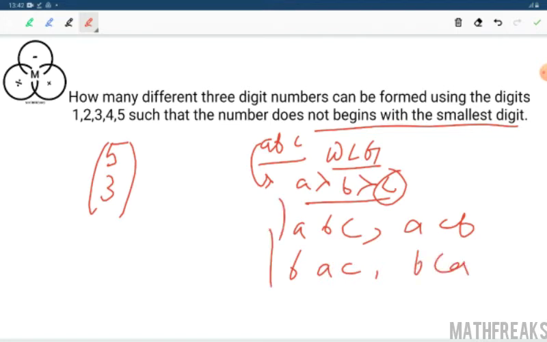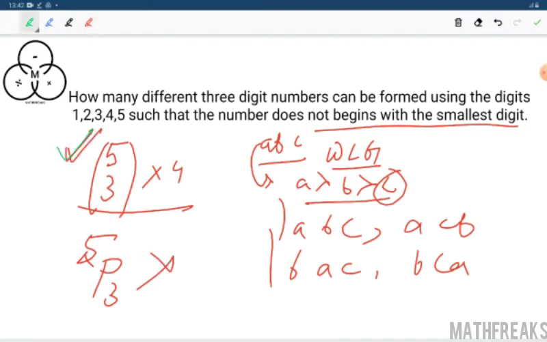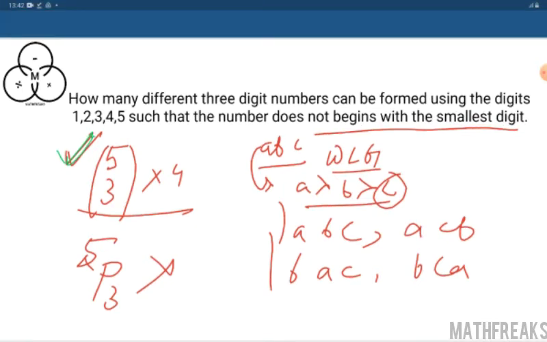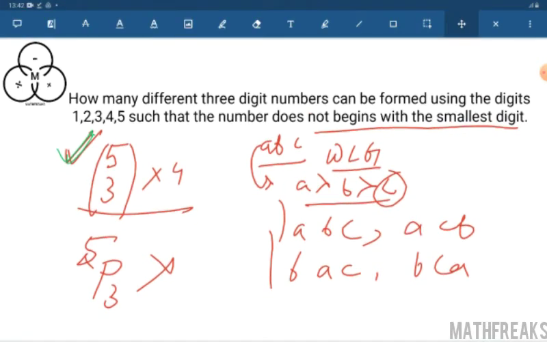So we have 4 arrangements. Multiply by 4. That's why I am not using permutation. If somebody uses the formula 5 permutation 3, then this is wrong. This is the correct answer, guys.